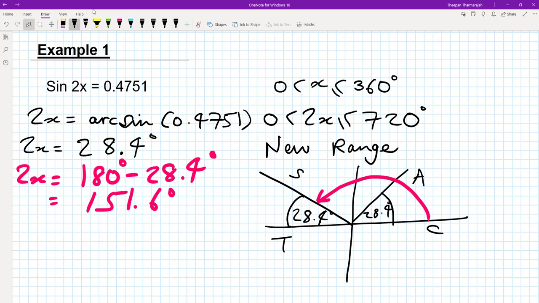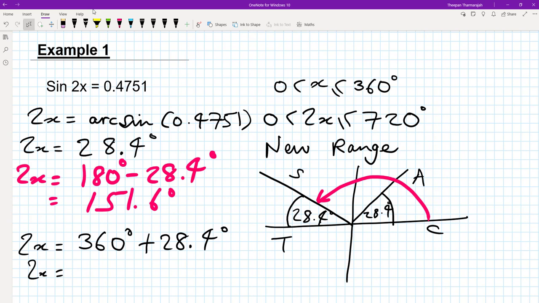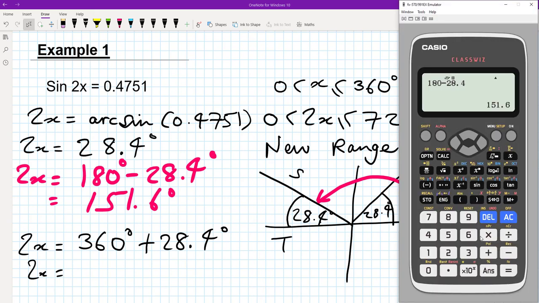Because we're going to 720, when we go around the CAST diagram once, that's 360. So we're going to do 360 plus 28.4 as the next solution. So 360 plus 28.4 degrees will give me 388.4.